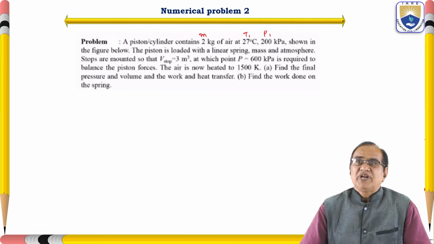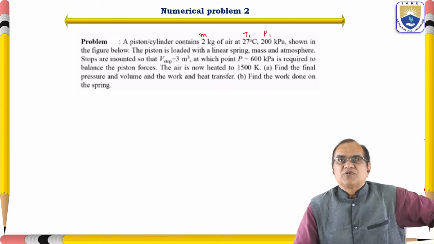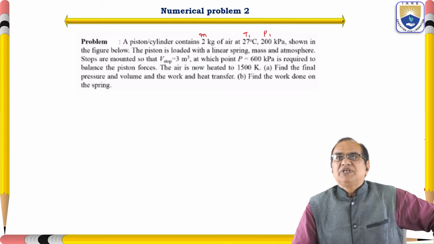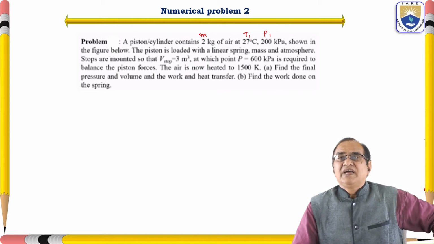The piston is loaded with a linear spring, mass and the atmospheric stops are mounted so that V stop is equal to 3 meter cube, at which point P is equal to 600 kilopascal is required to balance the piston forces. The air is now heated to 1500 Kelvin. So find the final pressure and the volume and the work and the heat transfer.